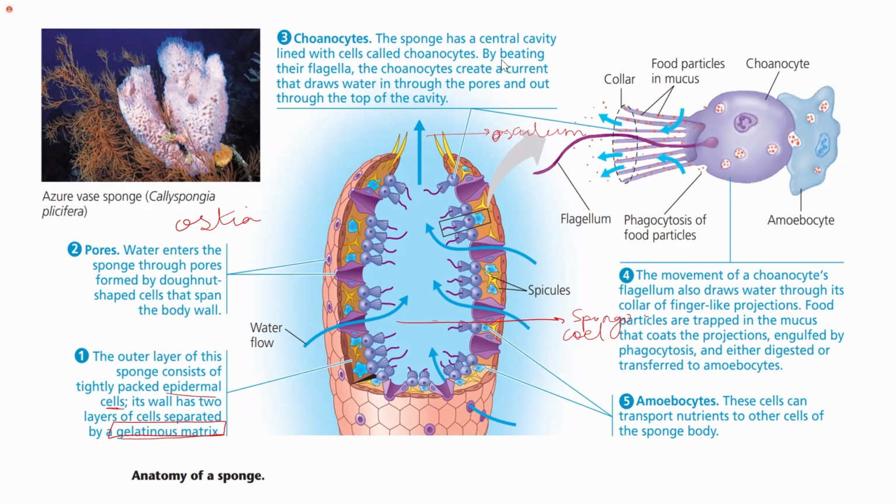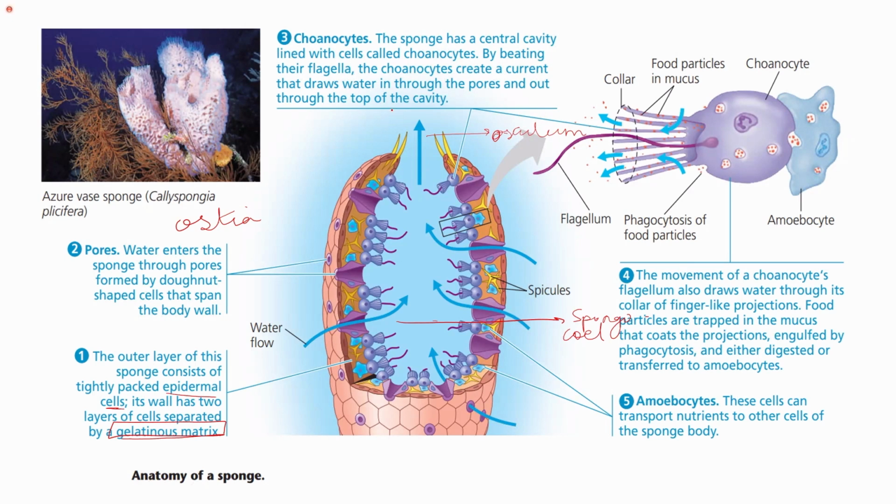Then we have choanocytes. The sponge has a central cavity which is lined with these cells called choanocytes that have flagella. The beating of these flagella creates a current that draws the water in through the pores and out through the body cavity.